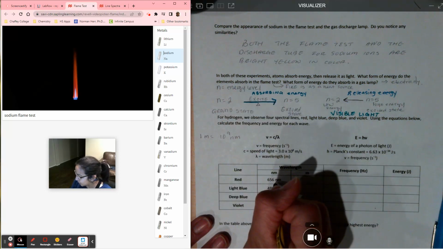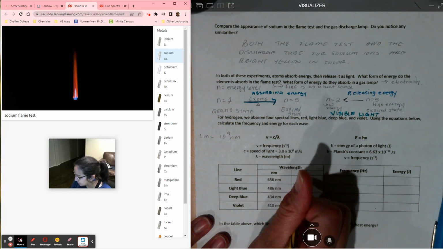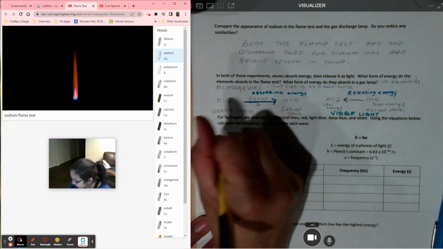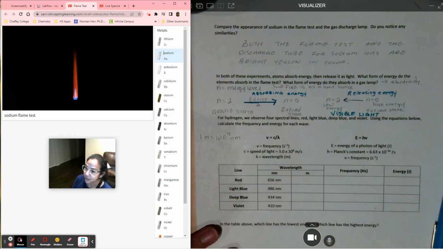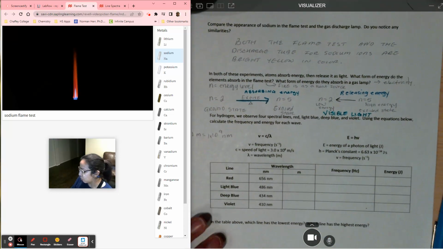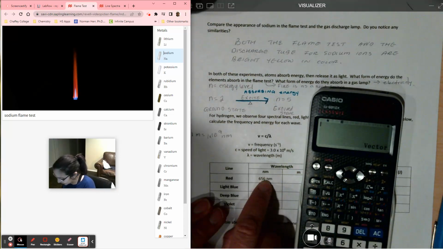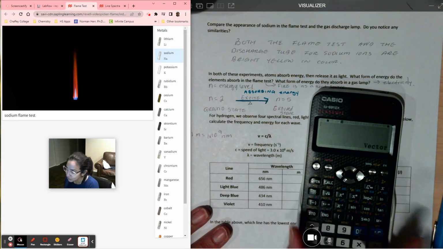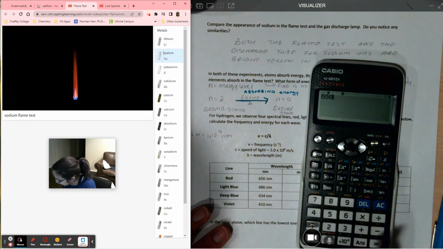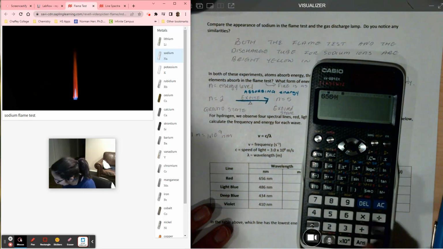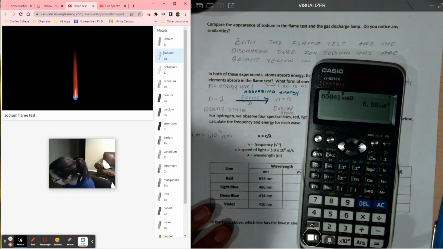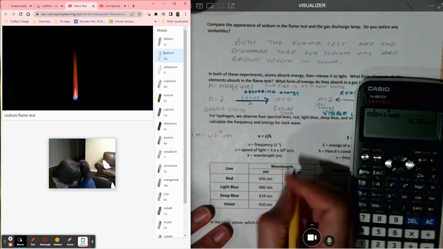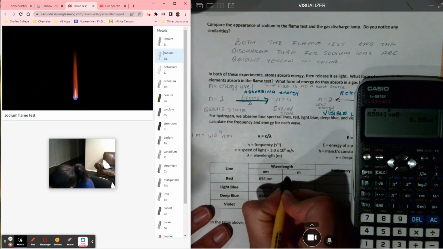Okay, so if I wanted to convert this into meters, I'm going to take this number and divide it by 10 to the 9th, which is the same as 1 times 10 to the 9th. Now I could just move a whole bunch of decimals, so I could take this understood decimal and start moving it 9 places this way, or I could put it in my calculator and let that do the job for me. Okay. 5.56 times 10 to the negative 7. Oh, I mean 6.56.